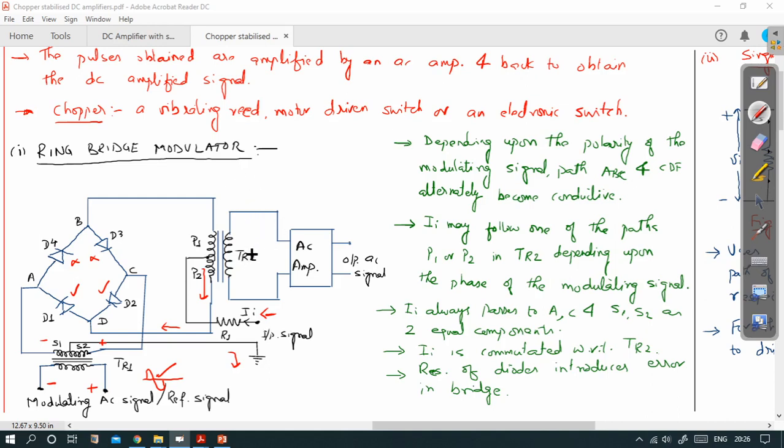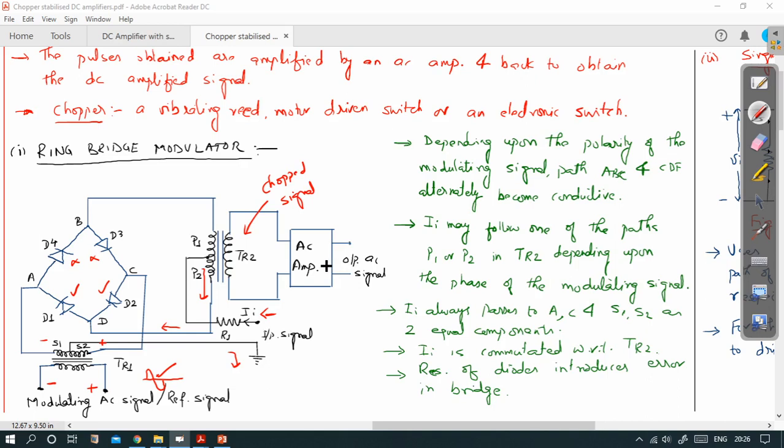At the secondary of transformer TR2 the chopped signal is available, fed at the input of the AC amplifier, and you will get the output signal which is actually AC, but the amplified version of the input chopped signal.